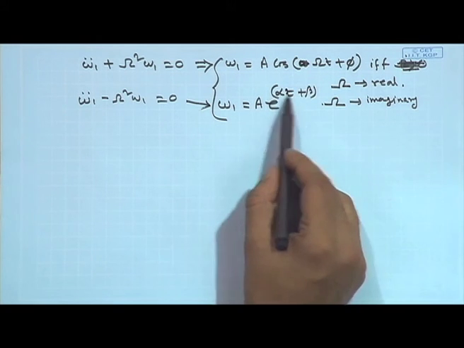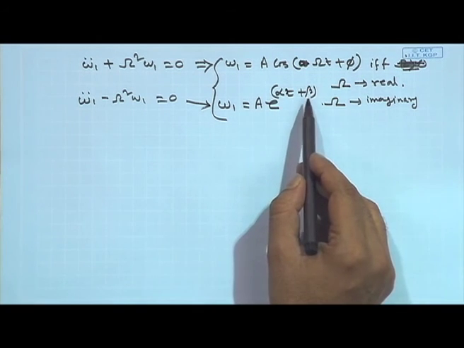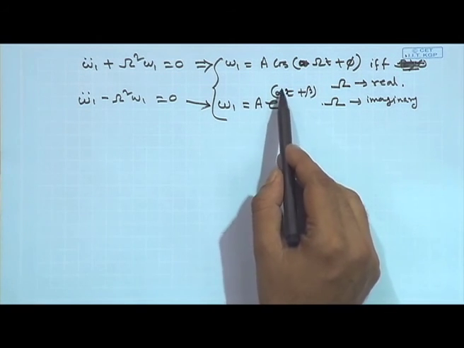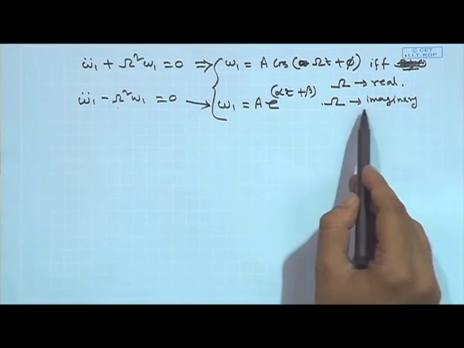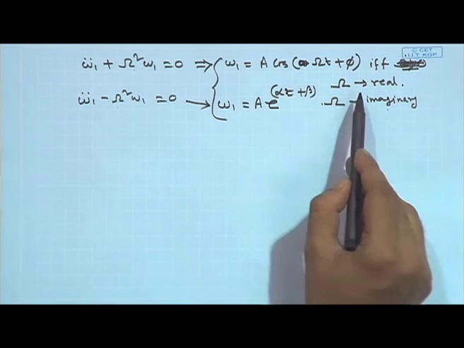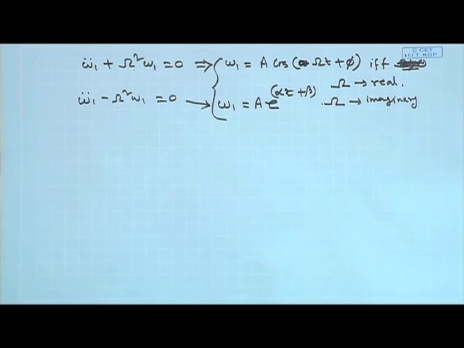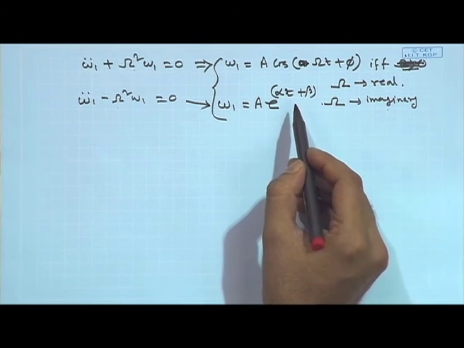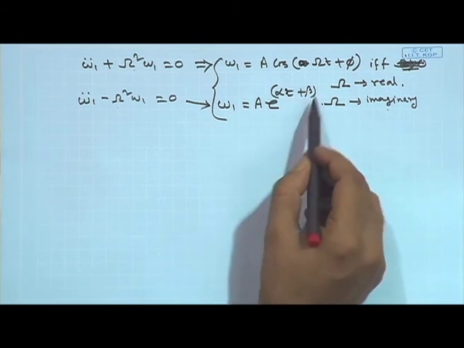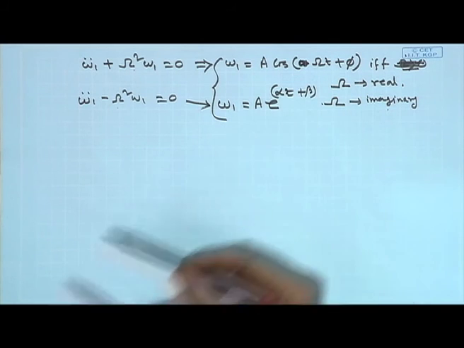Could it be exponential growth, could it be exponential decay, depends on the initial condition and the sign of alpha and beta. So this corresponds to imaginary omega, and the other corresponds to real omega. From physical principles it could be mostly an exponentially decaying solution, which does not matter really.